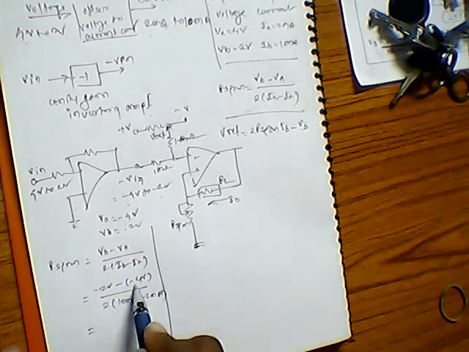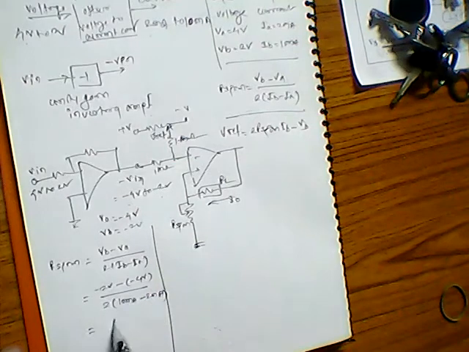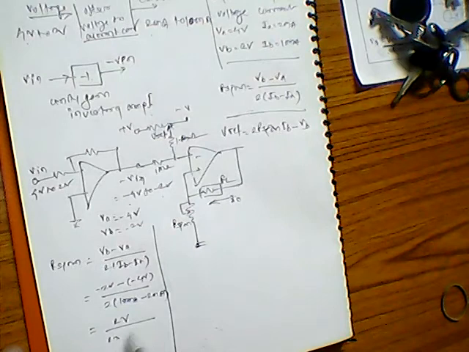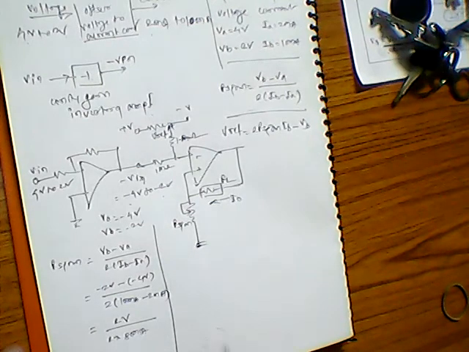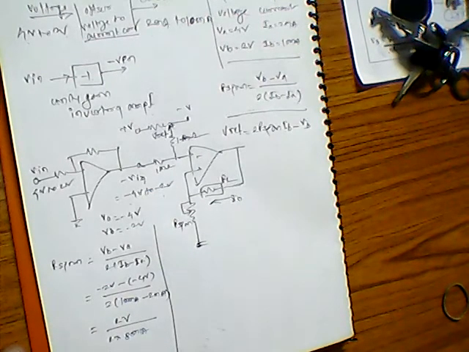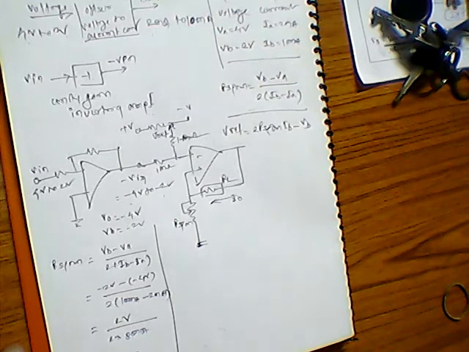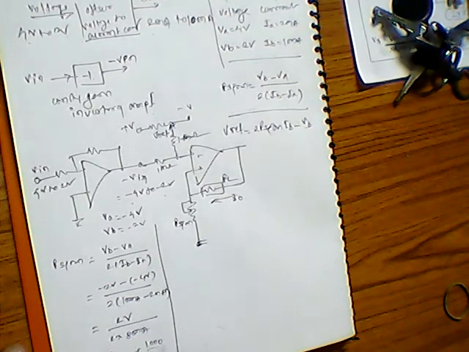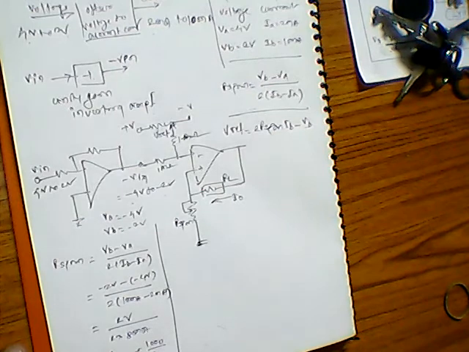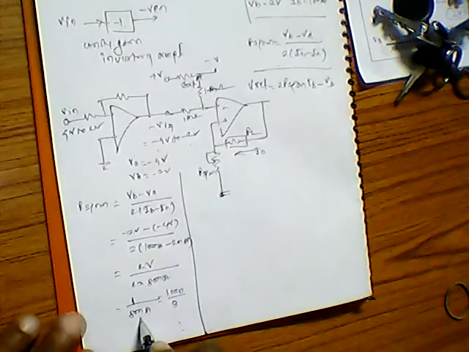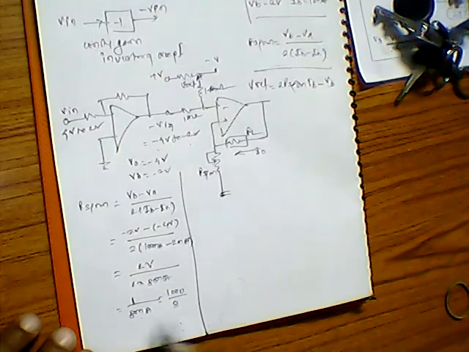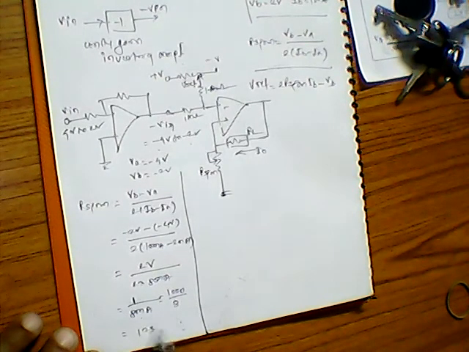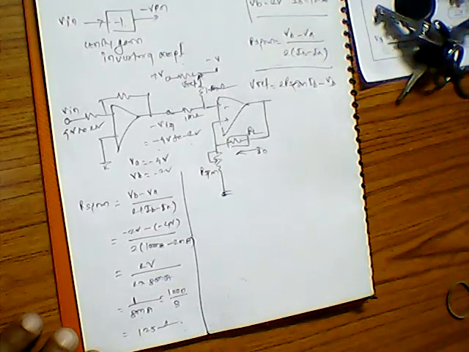This now becomes plus, so 2 volt divided by 2 into 8 milliamps. So 1 divided by 8 milliamps, that is 1000 divided by 8, because milliamps is 10 raised to minus 3, and this is 125 ohm.